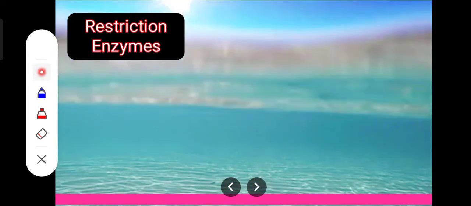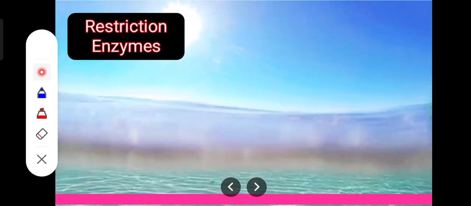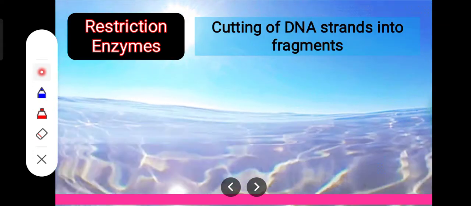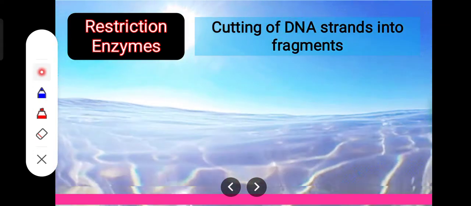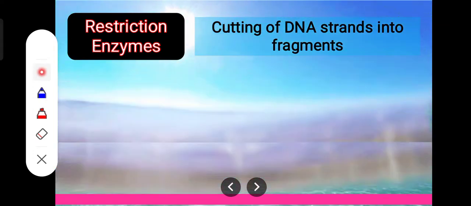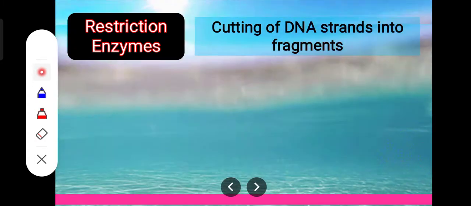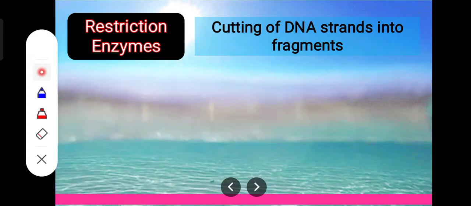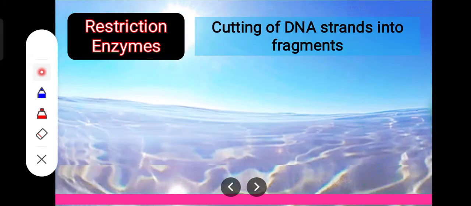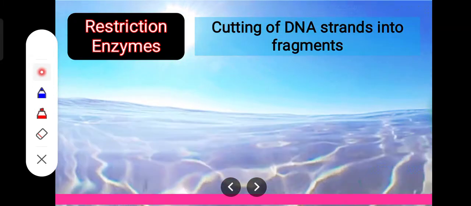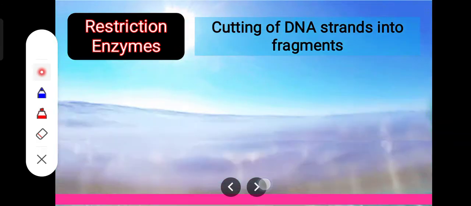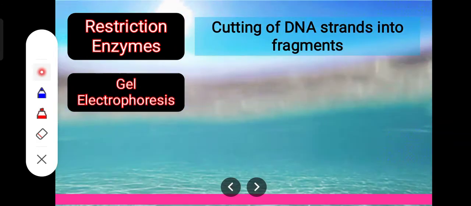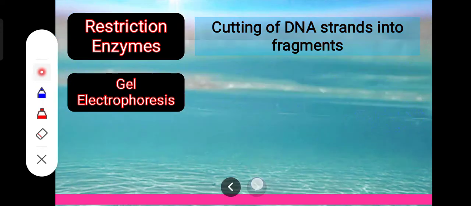The first one is restriction enzymes, the cutting of DNA strands into fragments. It is basically used to create DNA fragments with sticky ends or blunt ends that can join with other DNA fragments.